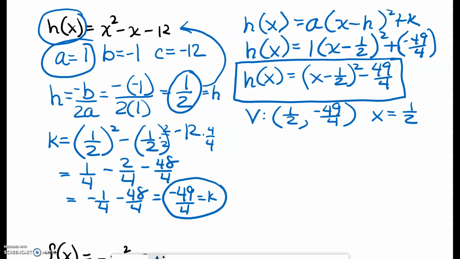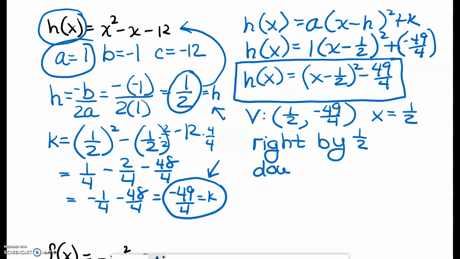Okay, so h is positive. So that means we're moving to the right by 1/2. K is negative. That means we are moving down by 49/4.